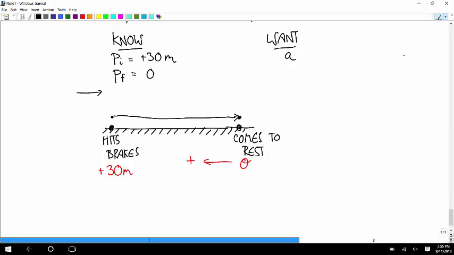But now we have to be careful with the sign again because it's going 40 meters per second this way, but now that's the negative direction. So the velocity at time equals 0 is negative 40 meters per second. And then do we know the velocity at time final? 0, yep.